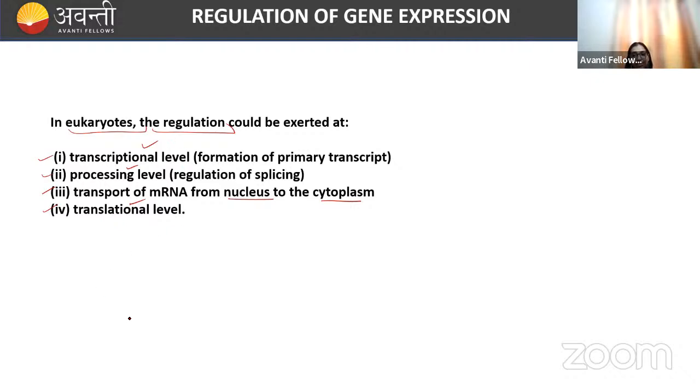You don't have to go into detail because it's not given in NCERT. So just remember these 4 levels: transcription, processing, transport of mRNA from the nucleus to cytoplasm, and translation.